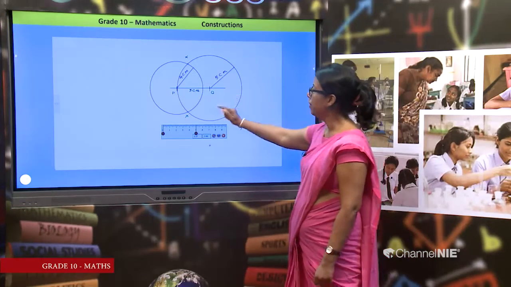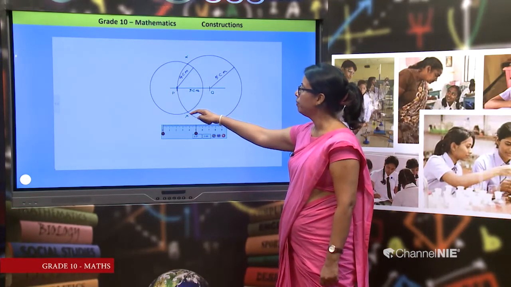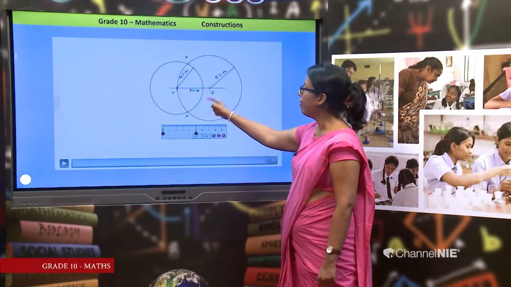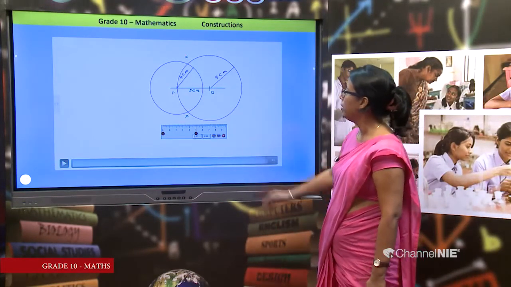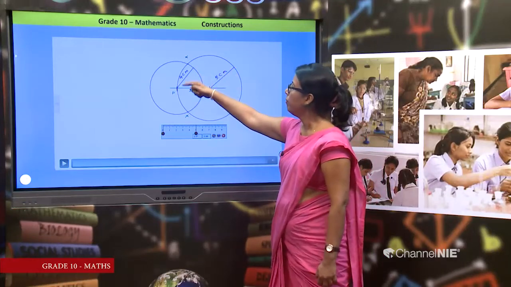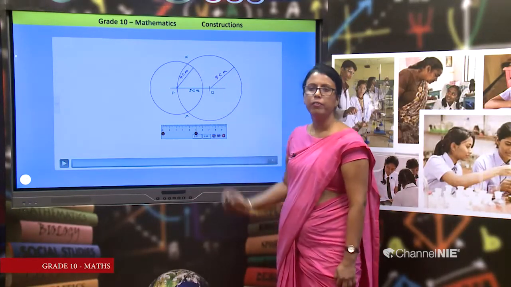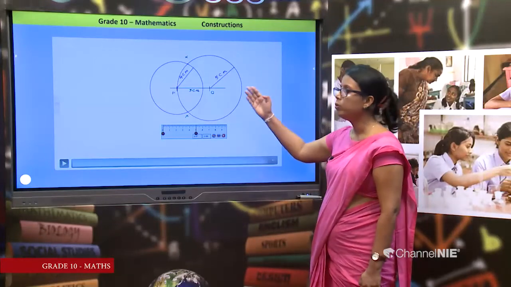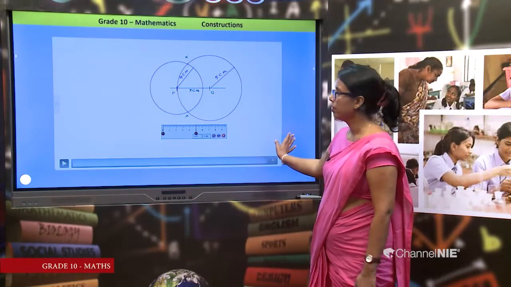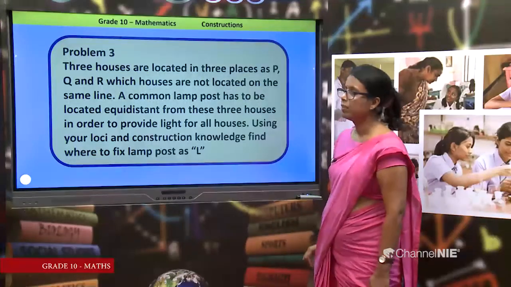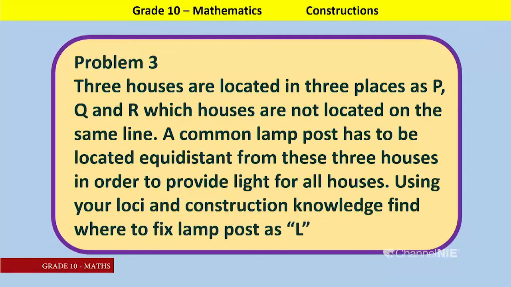See that this point is 4 centimeters away from P and 5 centimeters away from Q. See, this point is also 4 centimeters away from P and 5 centimeters away from Q. So we found 2 places. Let's try the third problem.